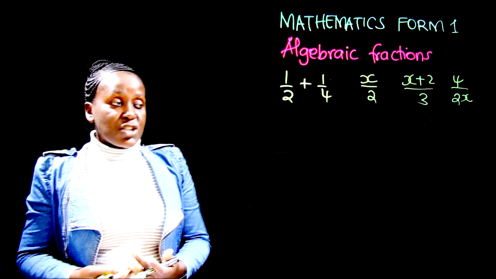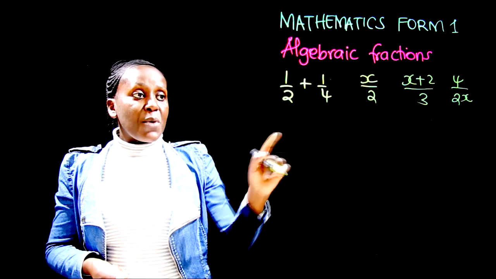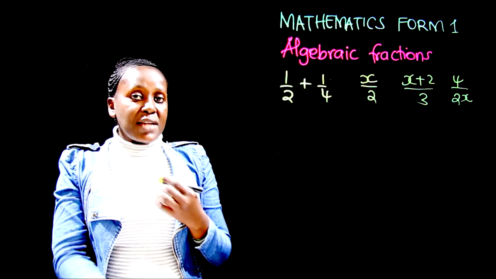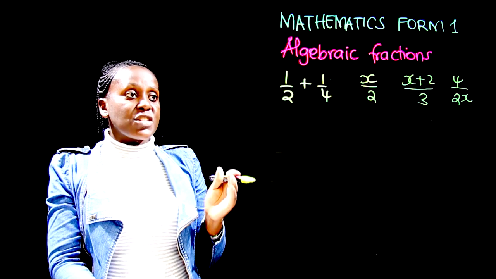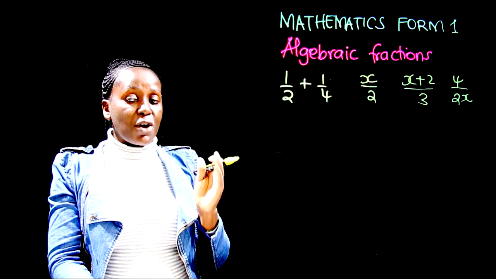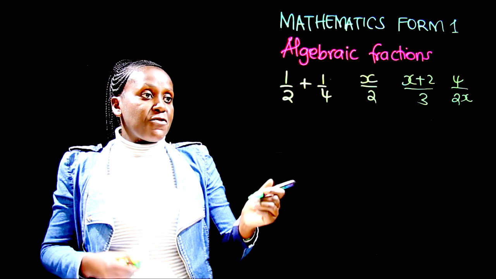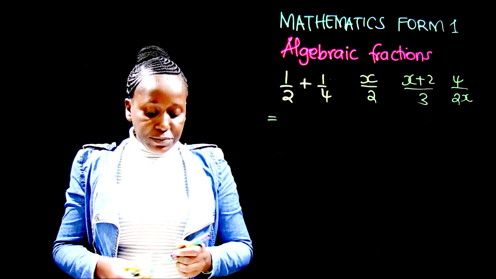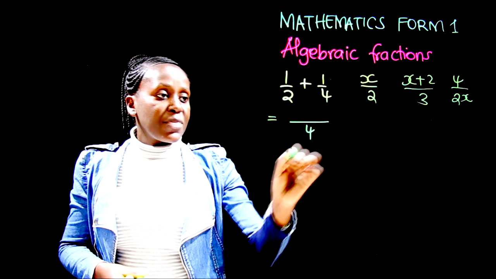Now algebraic fractions can be added or subtracted. But before we add them, I want us to remind ourselves how we add the normal fractions, because we are going to borrow the knowledge from there. If you have a half plus 1 over 4, this would be equal to, the LCM of 2 and 4 is 4.